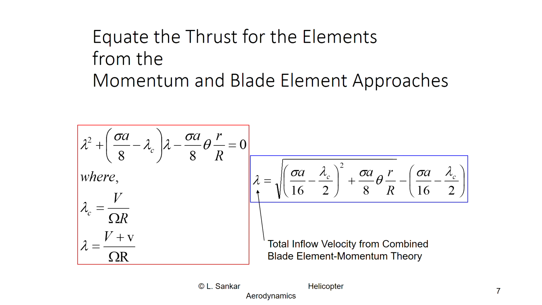Theta, which is the twist plus pitch, may be varying with radius. There's an r over capital R, which is definitely varying with radius. Therefore, lambda is now a non-uniform induced velocity. We do notice that lambda can be made uniform if theta is proportional to 1 over lowercase r, and if you make sigma a constant.